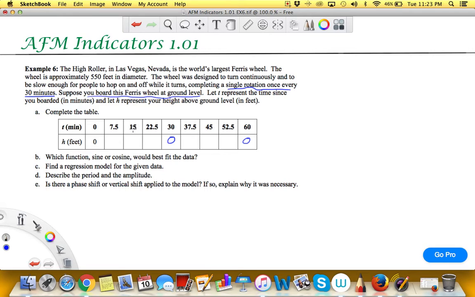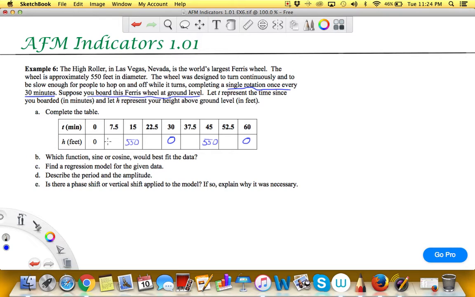Now, let's think about this. Half of 30 minutes is 15 minutes. So if the diameter is 550 feet, then halfway between, it's going to be 550 feet, because this Ferris wheel is going to go one full rotation in 30 minutes. So in 15 minutes, it's going to be all the way up in the air. So you'll be at the highest level at 15 minutes, and then these in between points, you'll be halfway between the maximum height.